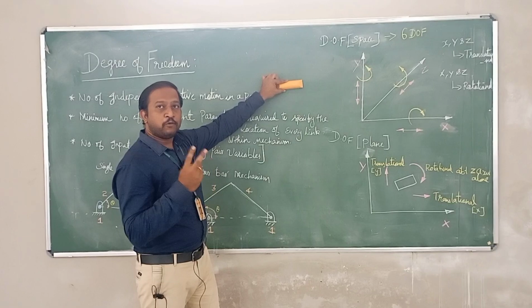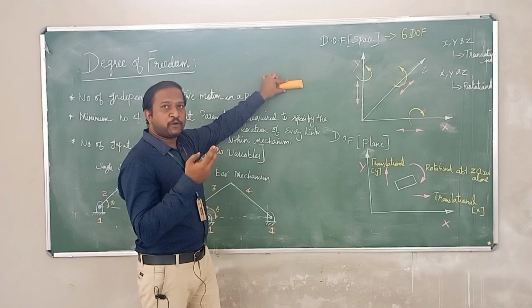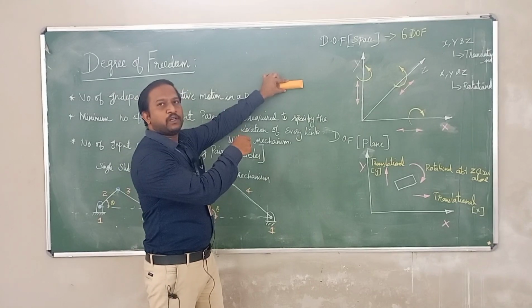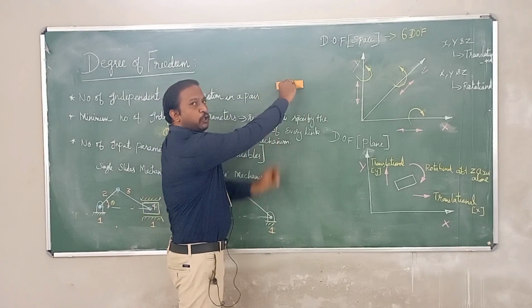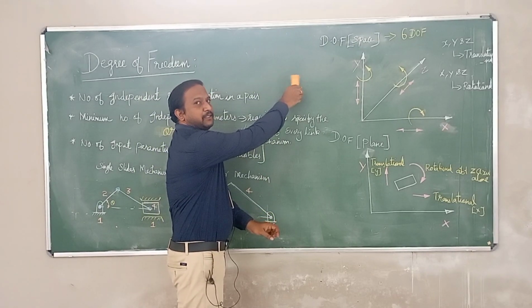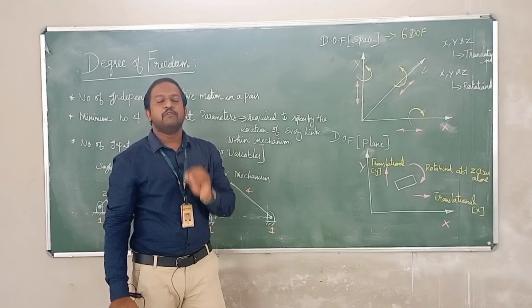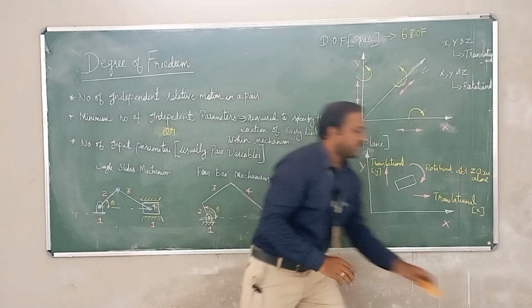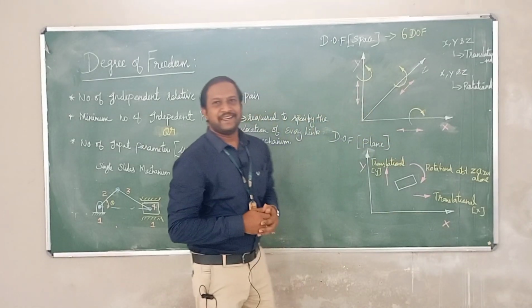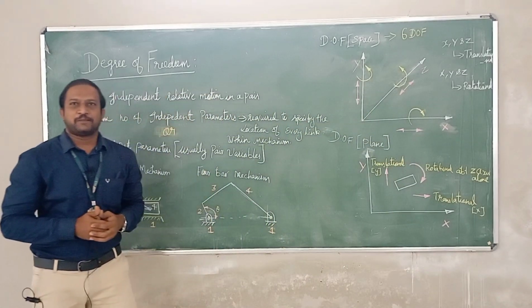So now I have 2 degrees of freedom, and one more: it can rotate about the z axis. Totally, we have 3 degrees of freedom for a plane. I hope you understand what degree of freedom is. In the next video, we can see the space.